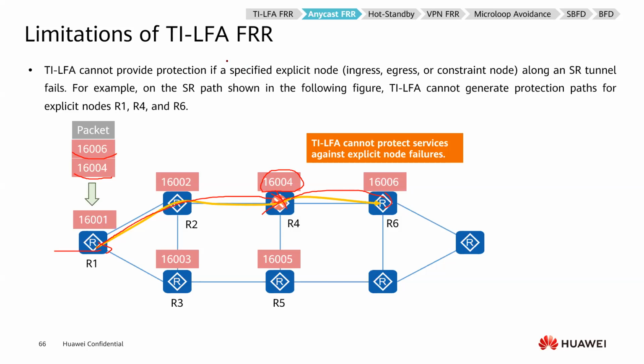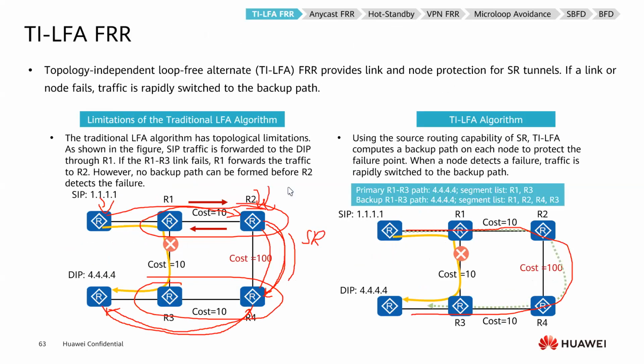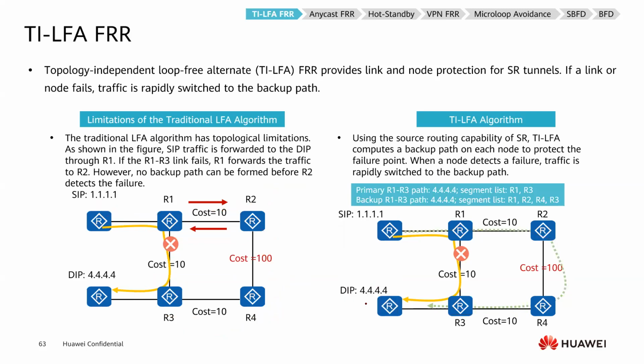This is a limitation of TI-RFA FR, which means if the endpoint node has failed, TI-RFA FR cannot work anymore. Because TI-RFA FR means if I want to go to the destination, I will find some way to get to this destination.